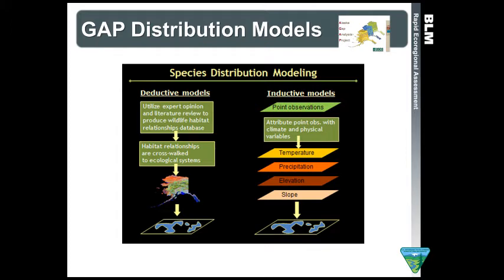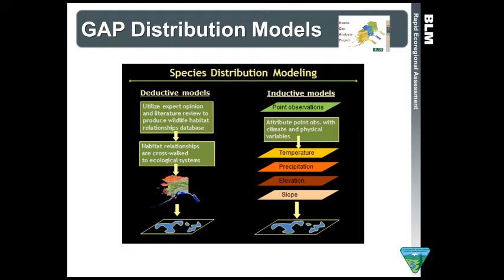And the way, those of you who don't know or haven't seen GAP models before, there's 2 kind of ways that they're done. We either do deductive models, where we talk to a lot of experts and do literature review and come up with close habitat relationships, and then we crosswalk that with land cover that we have on the ground, and we come up with areas that it should be good habitat and where we should see these species distributed.